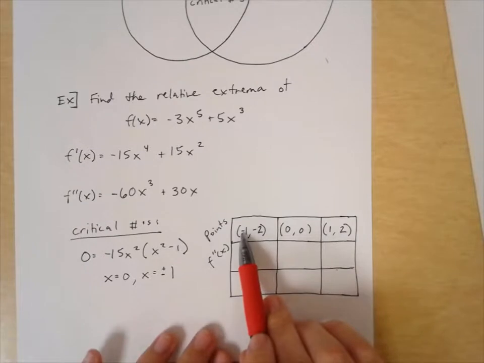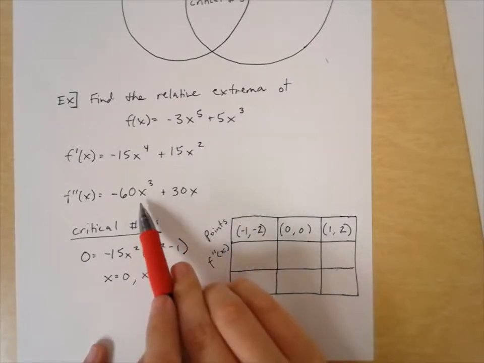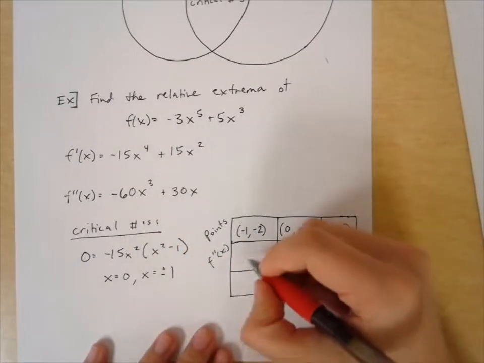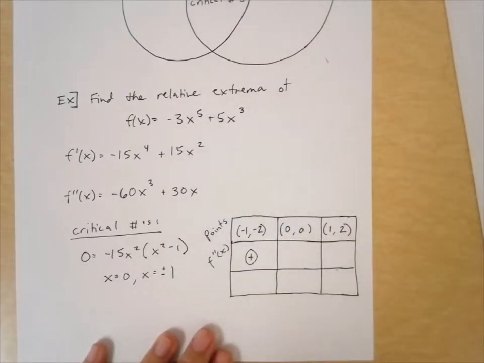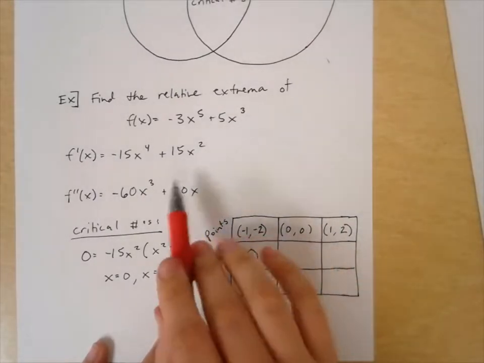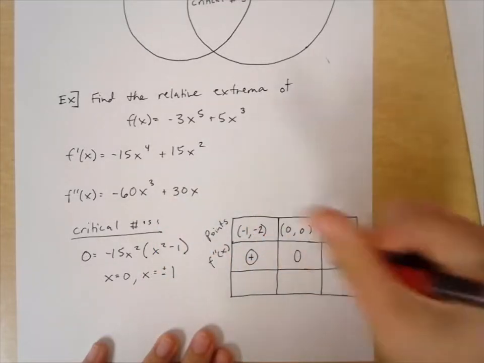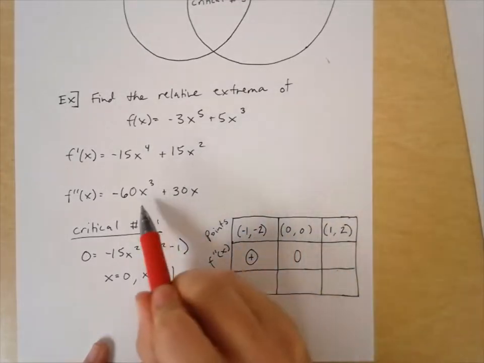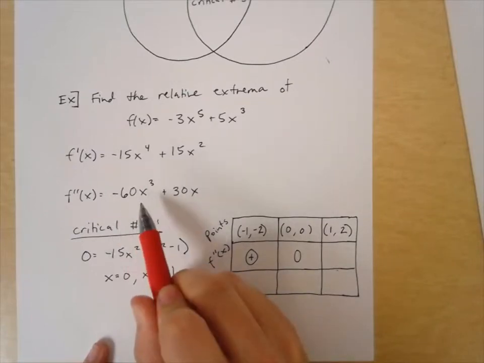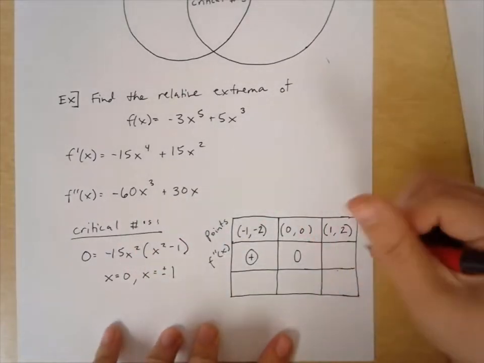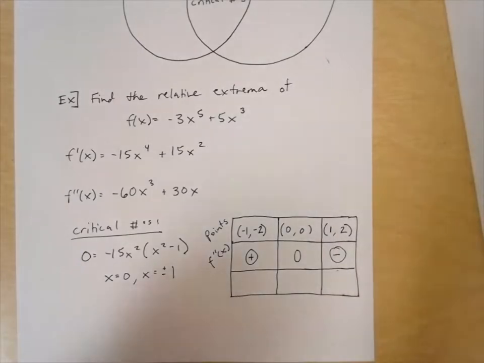Okay. Now I'm interested in what's happening here with my second derivative. When I take negative 1 and put it into my second derivative, I get a positive value. When I take 0 and substitute it into my second derivative, I get 0. And when I take 1 and substitute it into my second derivative, I get a negative number.